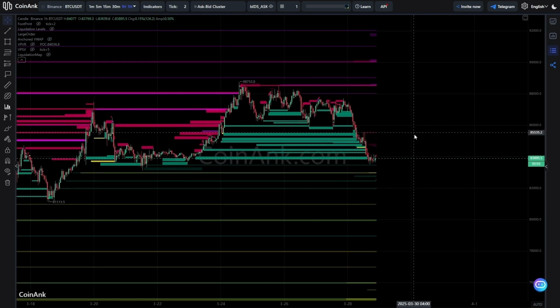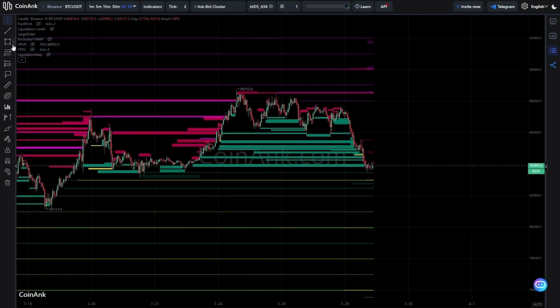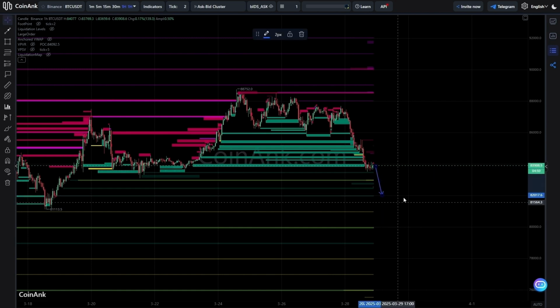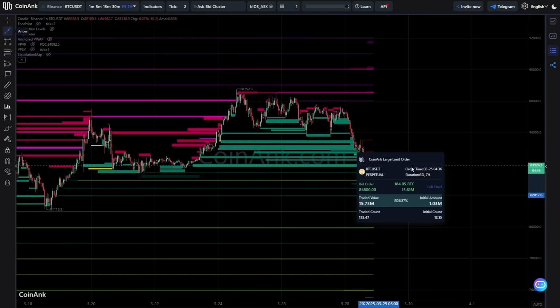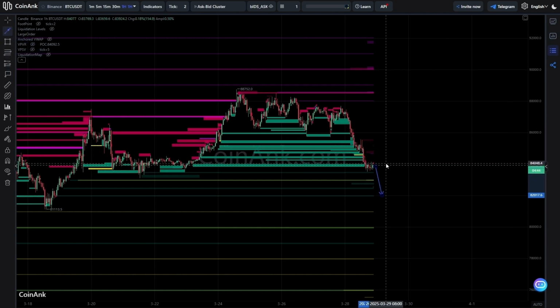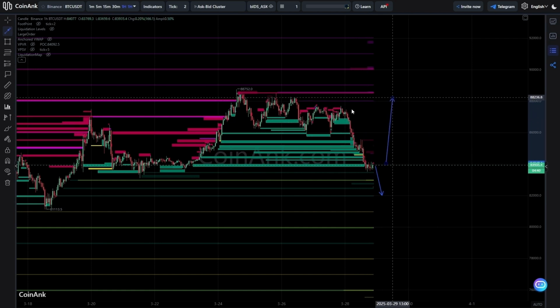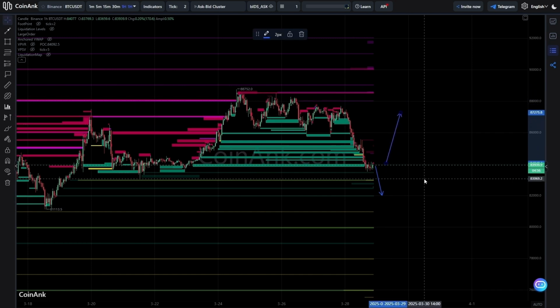Say we have a positive 400 million, it's very likely prices will come down to fill these bids to then have some type of reversal. If we have, for example, a negative 400 million or 300 whatsoever, prices are more likely to go up to fill these orders to then go down.